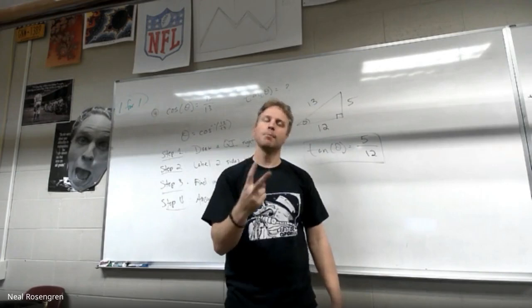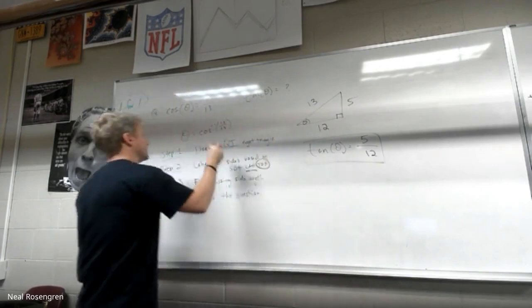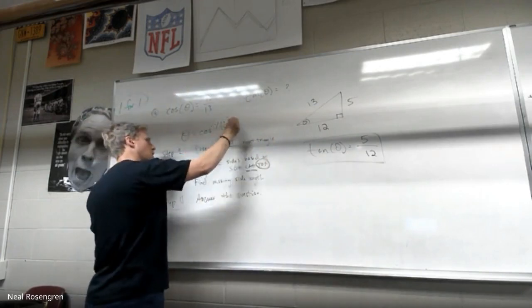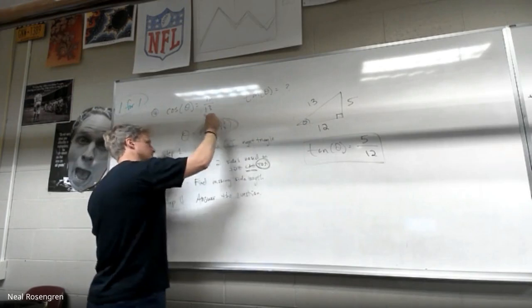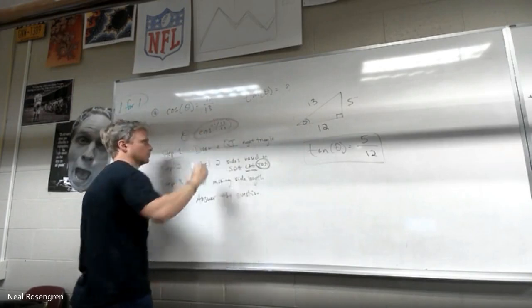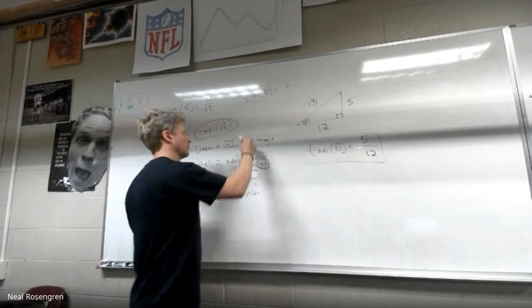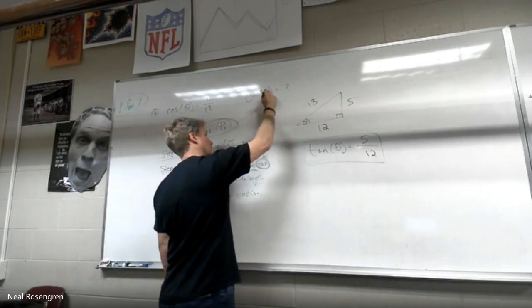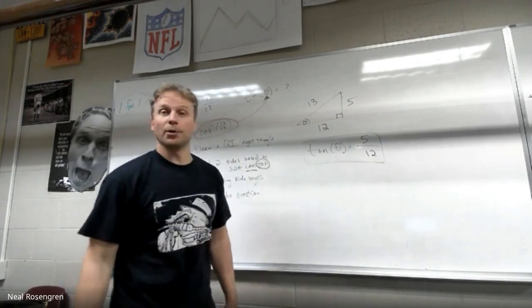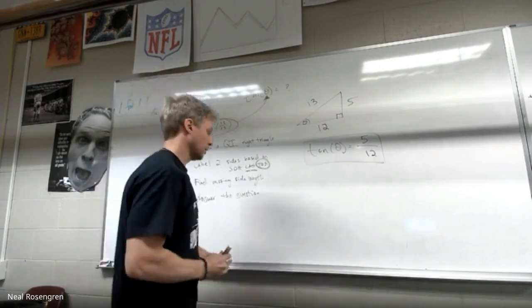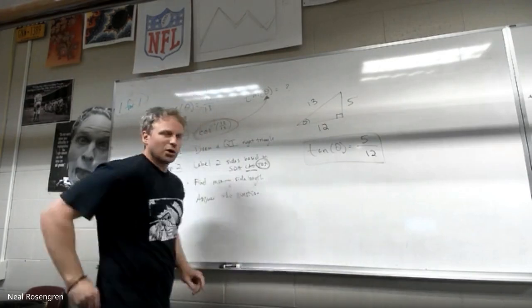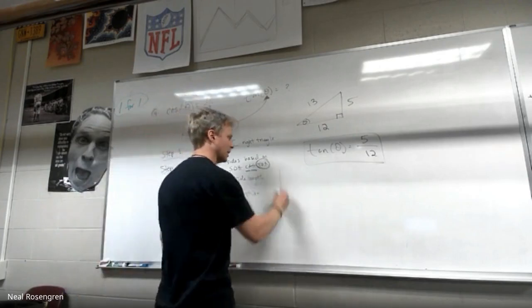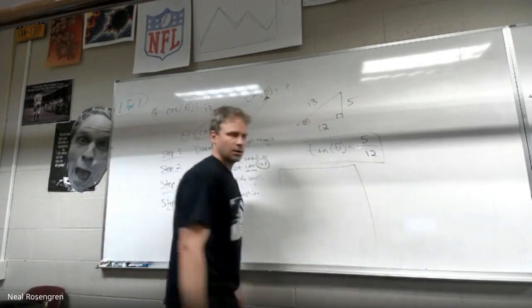And what I mean by that is to take what we know theta is, and they drop it right there. Okay? This question could have looked like this to start.